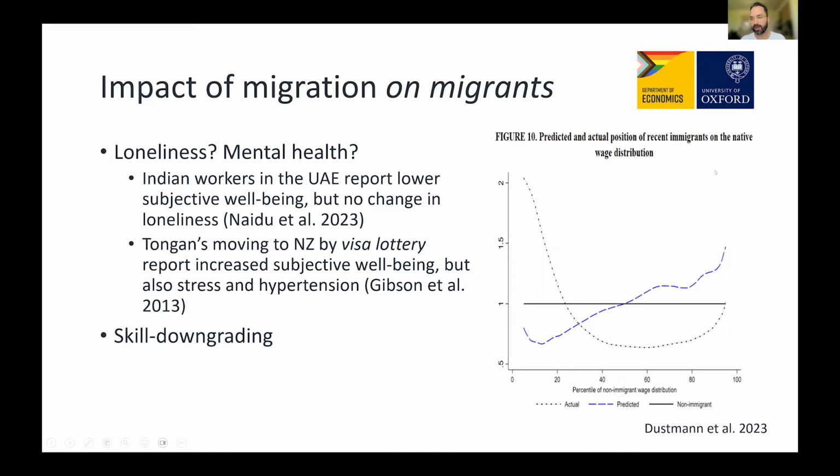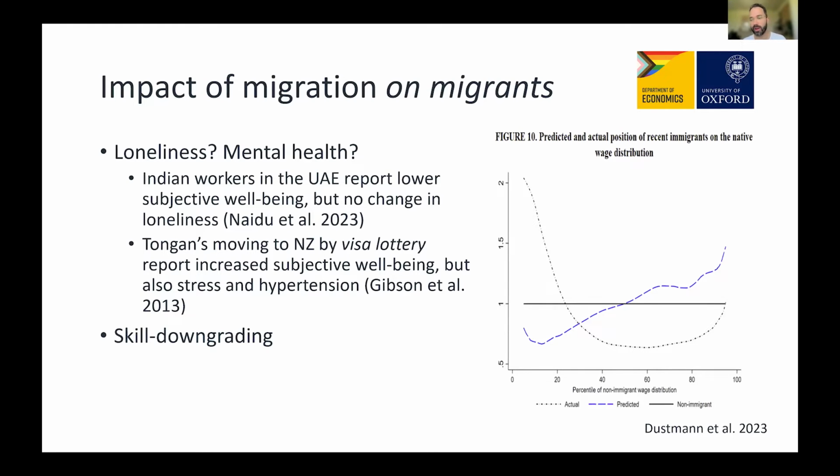There's of course a flip side. Wages aren't everything. People have looked at other types of outcomes, and in particular, there's this concern that yes, maybe you earn a higher wage, but you lose access to your networks, and maybe you feel lonely or alienated from your culture. And in particular, there's two papers I know. One is again for these Indian workers who go to the UAE as guest workers.